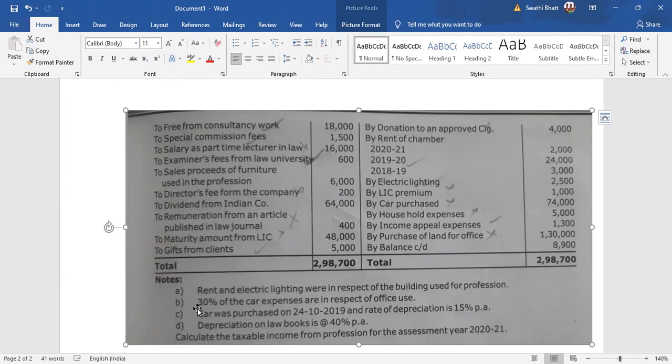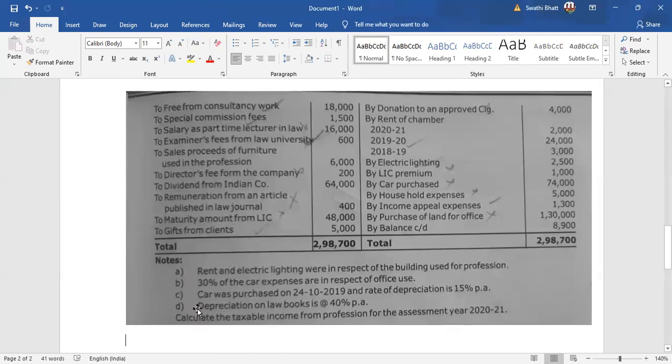Since they have clearly mentioned that only 30% he is using it for profession, out of the 1,500 which is related to the expenses of the car, only 30% can be deducted, because the remaining 70% expense is related to his personal life, not his professional life. So only the item which is related to his professional life, we will have to show over here.